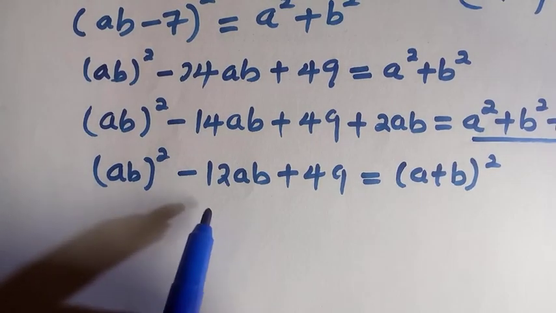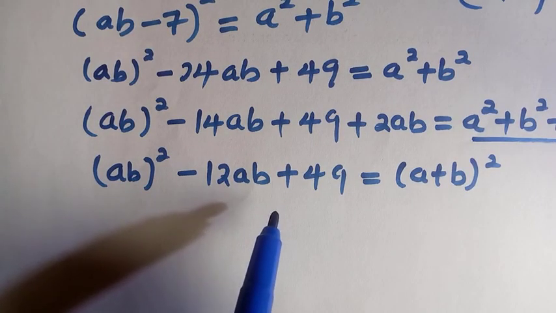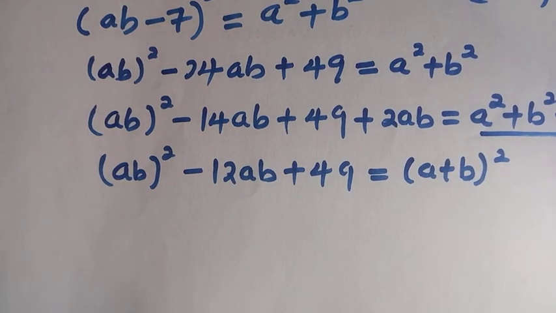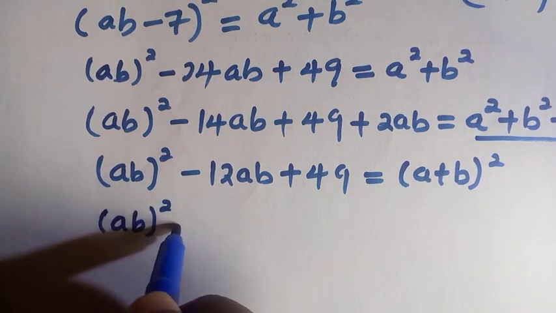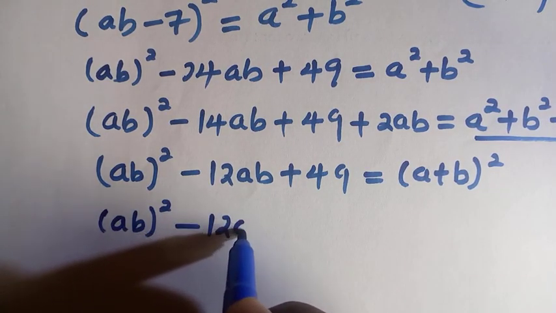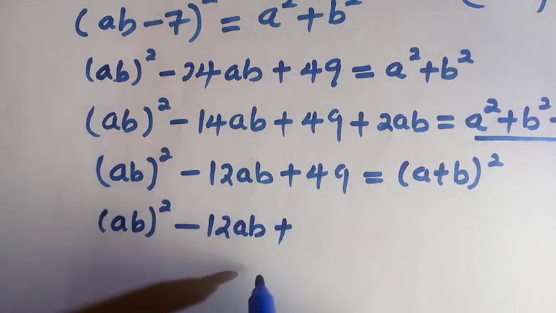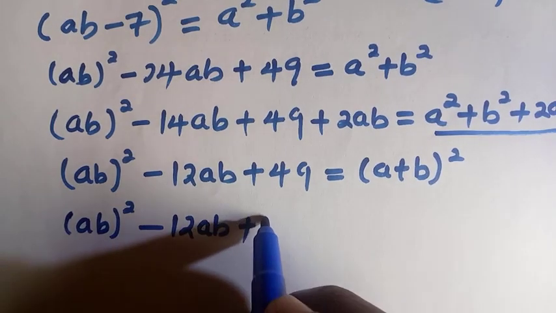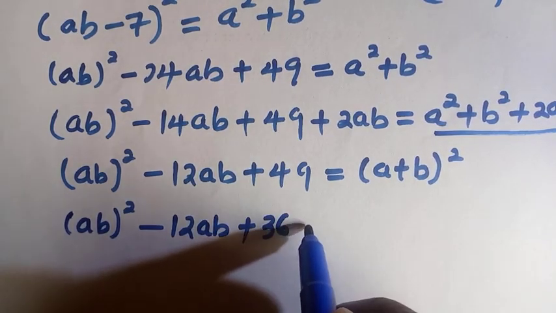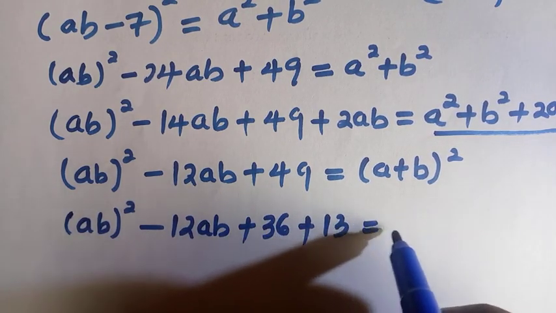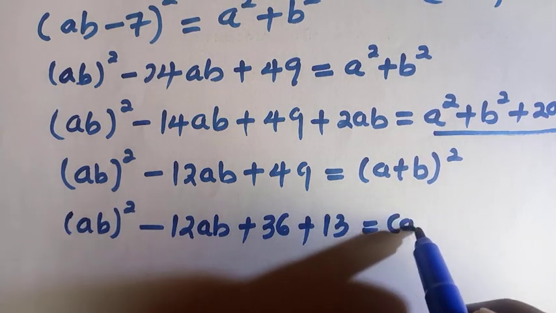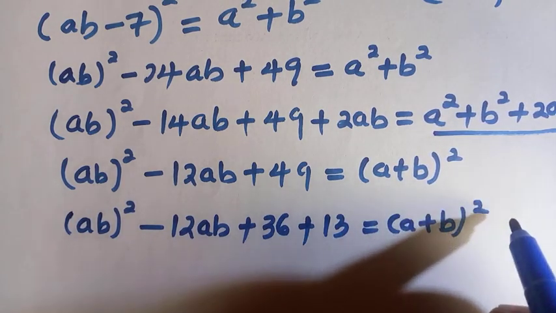Then here again, I still want to apply another identity. What I'm going to do is break this 49 into one perfect square and one prime number. We have (ab) squared minus 12ab plus 36 plus 13 equals (a + b) raised to the power of 2.